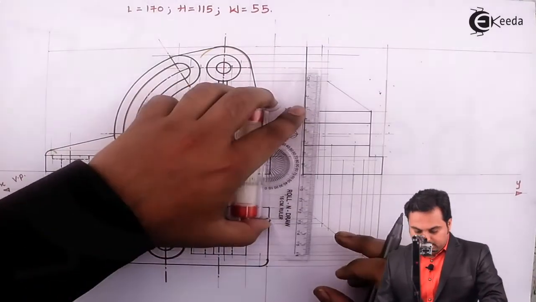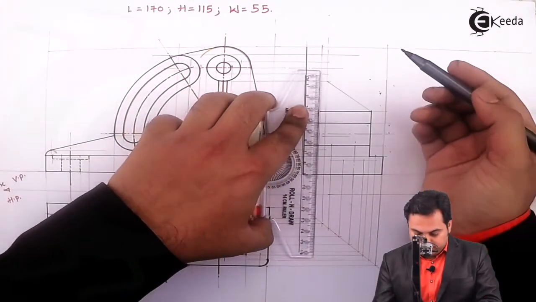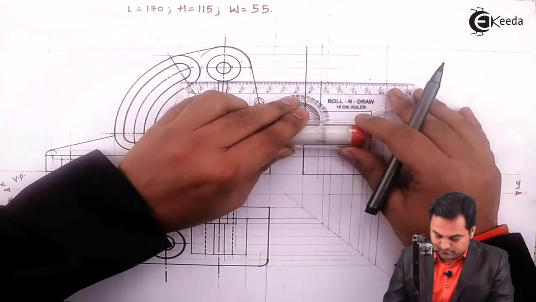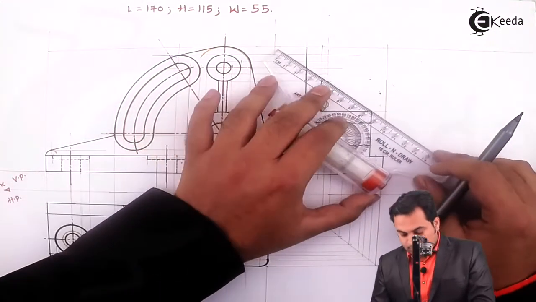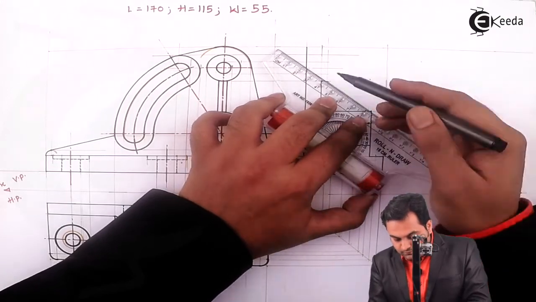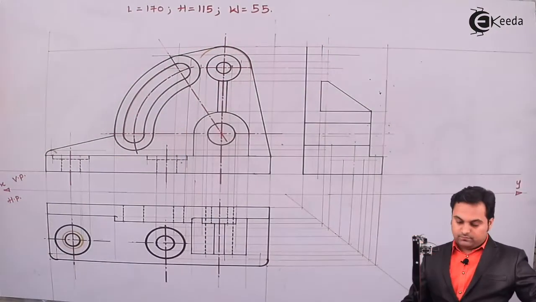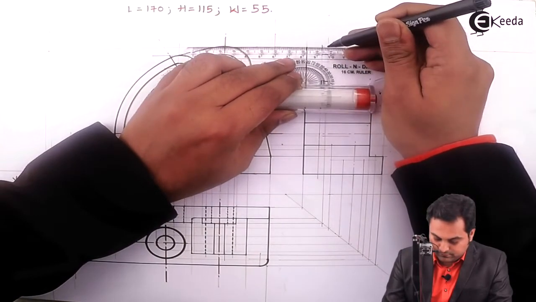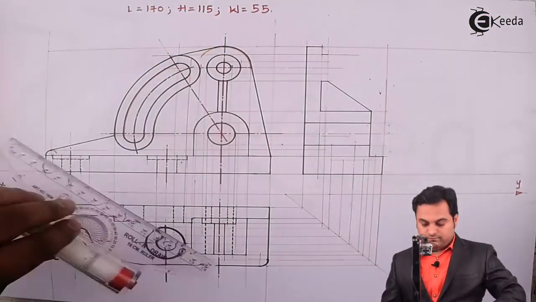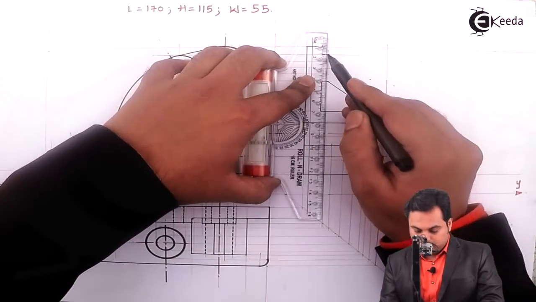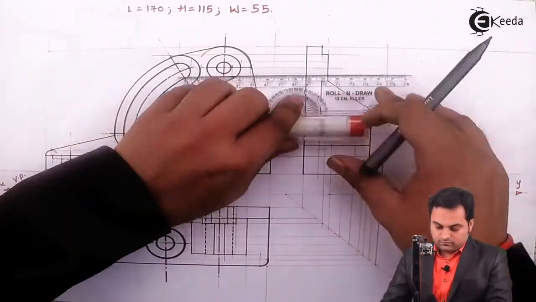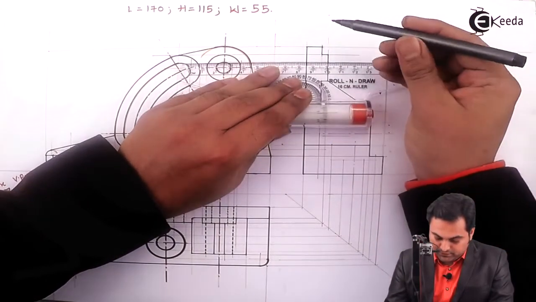Then this line will be extended up to the circle which is there at the top. Then this inner circle.